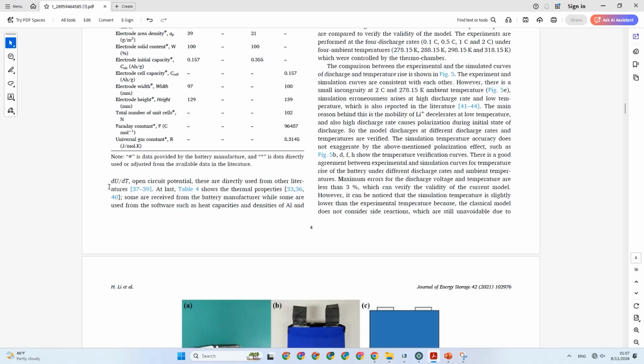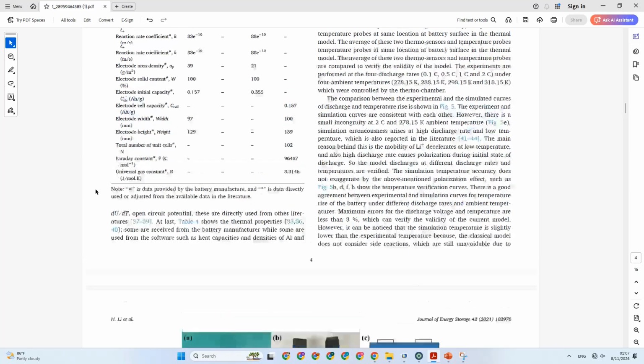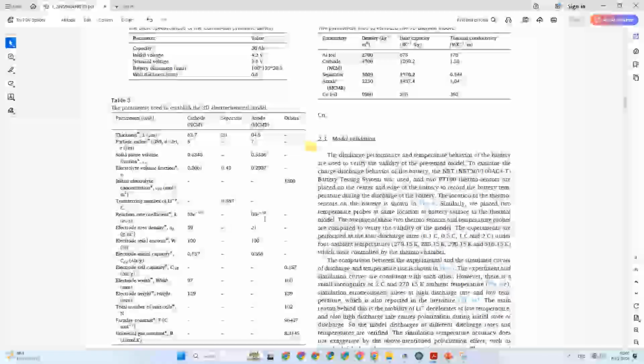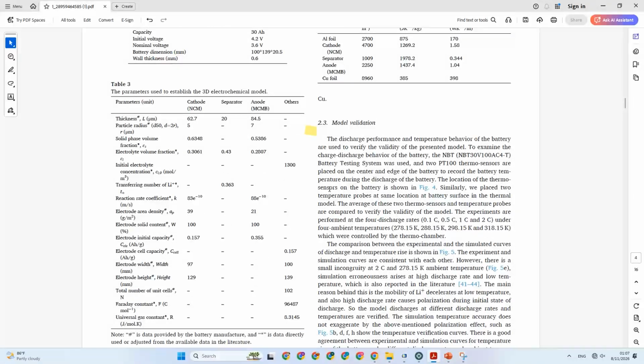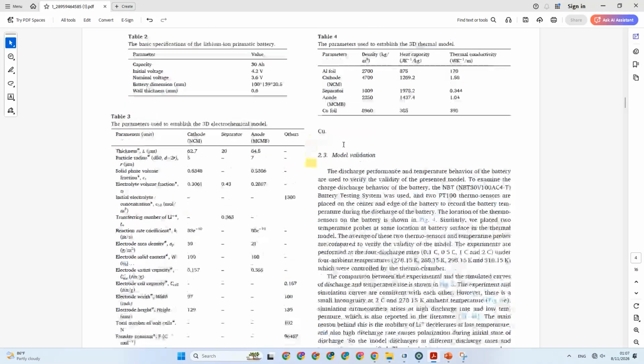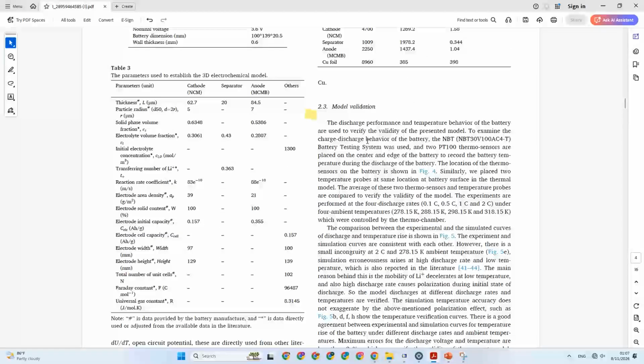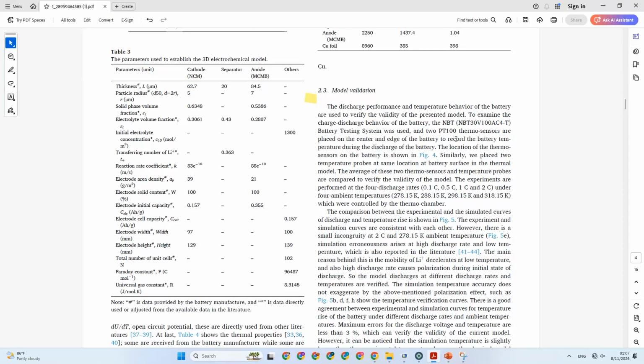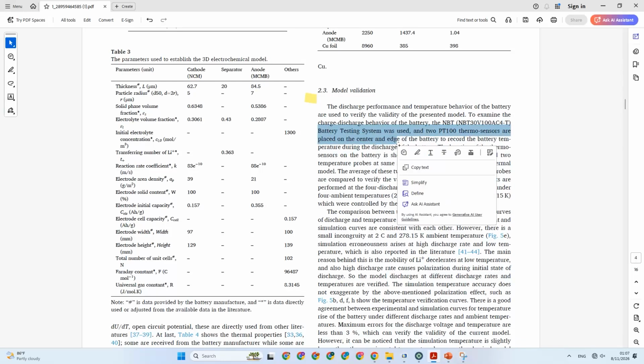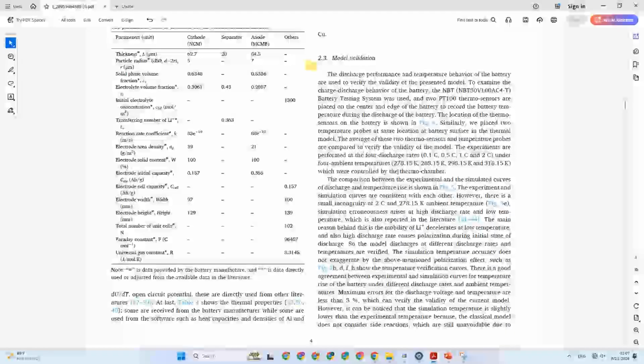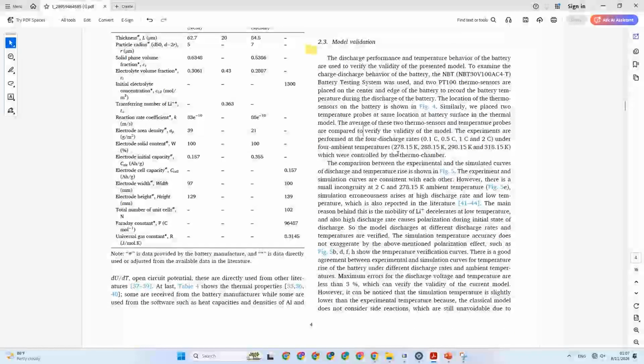Let's move on to the next part. Model validation. The discharge performance and temperature behavior of the battery are used to verify the validity of the presented model. Okay. A battery sensor was used. There is nothing important for the simulation.